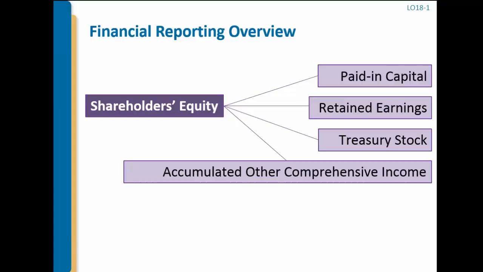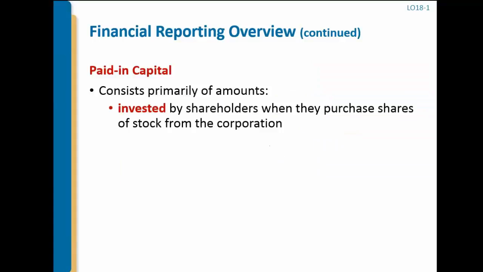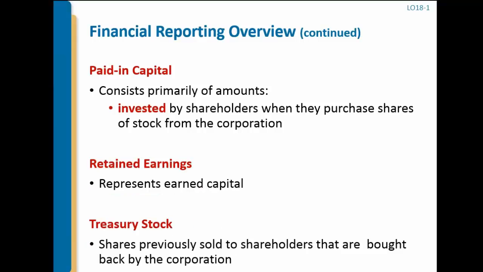Okay, so we've talked about this. The primary categories: paid-in capital consists primarily of amounts invested by shareholders when they purchase shares of stock from the corporation. Retained earnings represents earned capital. So again, what's coming through the income statement is retained earnings.